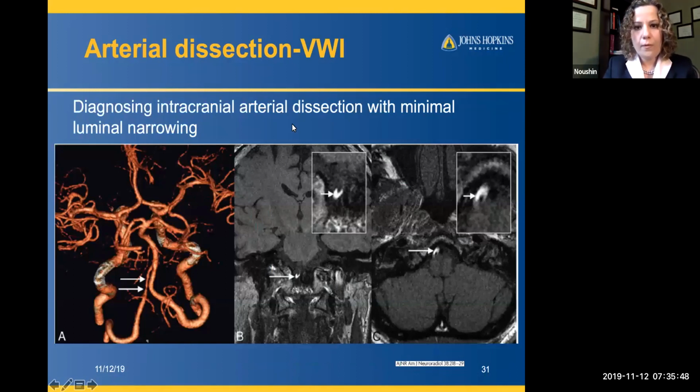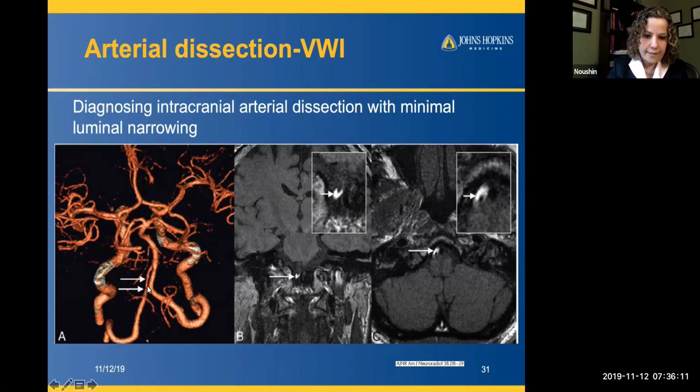What is the role of vessel wall imaging in arterial dissection? Sometimes it can help us detect the arterial dissection when you have minimal luminal narrowing. This was a patient with narrowing of the distal V4 segment of the vertebral artery, which we actually see commonly after PICA, the posterior inferior cerebellar artery, takes off the vertebral artery.